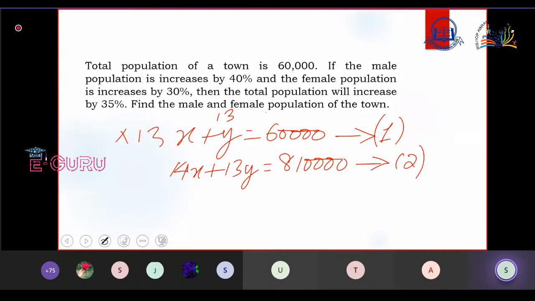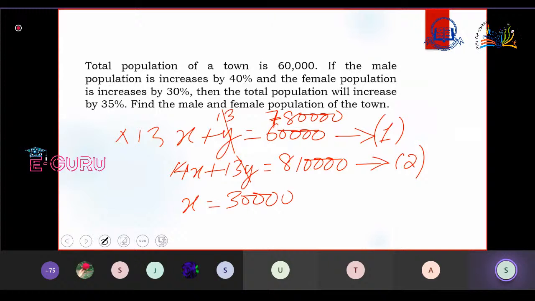7,80,000, right? So now if we are subtracting 1 from 2, it will become 14x minus 13x, then x equals, this y will get cancelled, 8,10,000 minus 7,80,000 means 30,000, right?